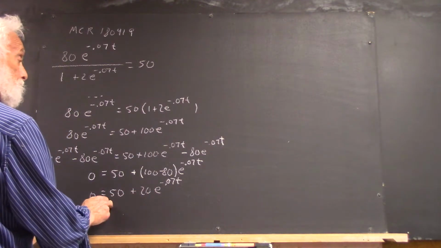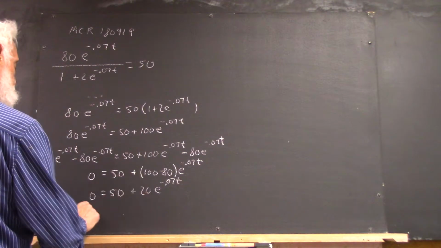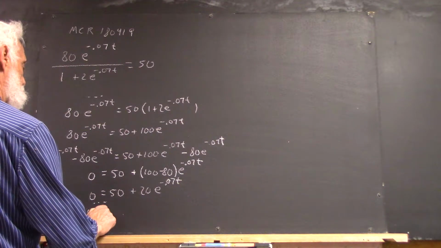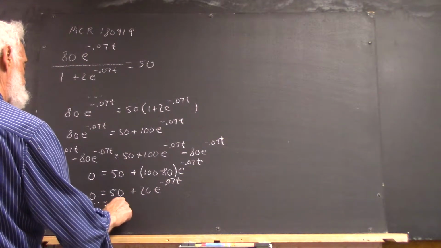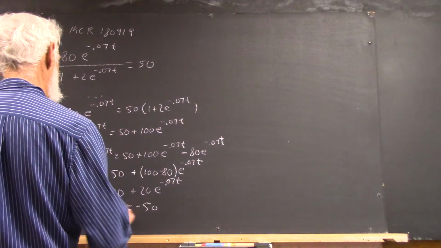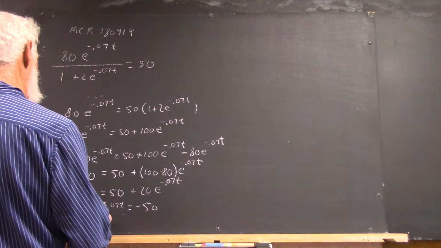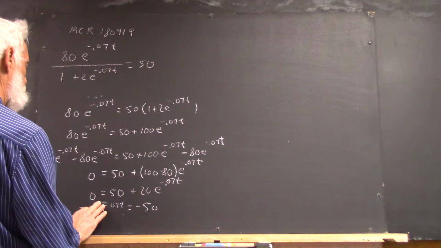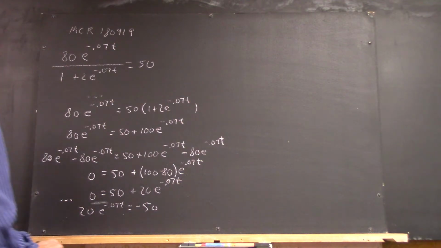Now that we have this, well, it's very straightforward. Skip steps here, dot, dot, dot. We're getting 20e to the negative 0.07t equals negative 50. And that dot looks like part of an equal sign, so I'll put the dots out here.